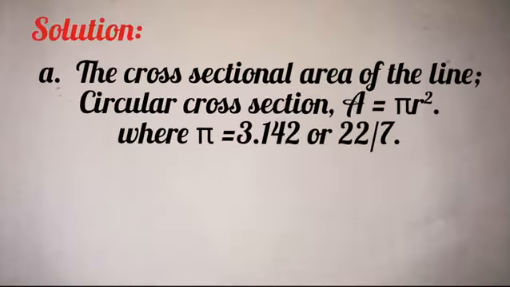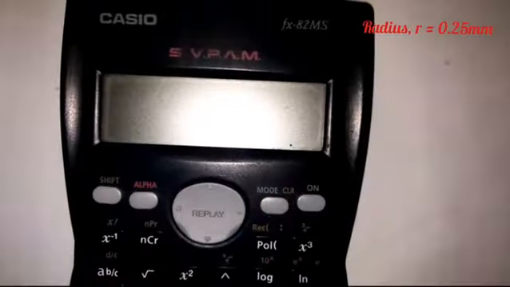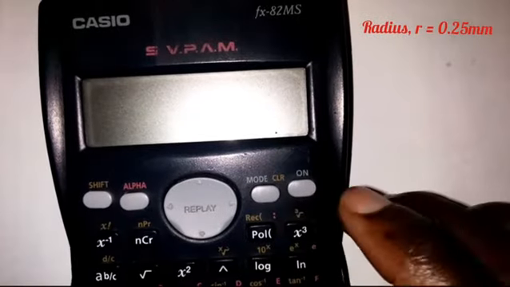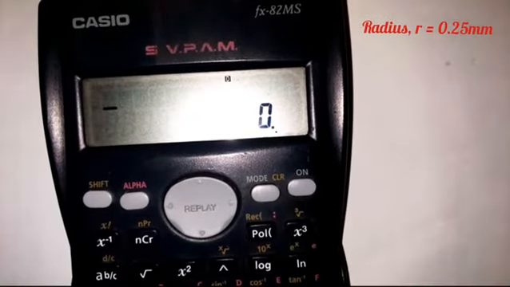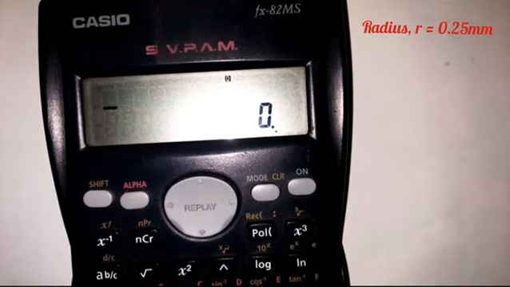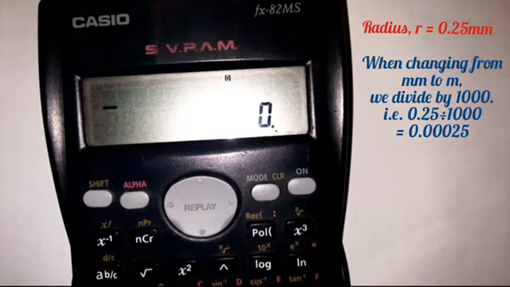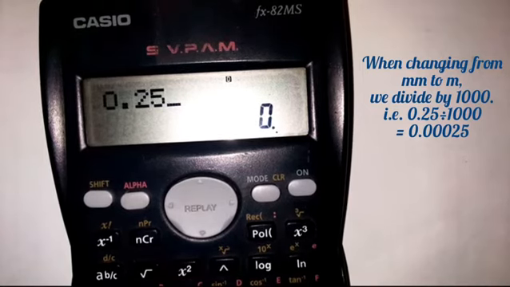To solve this, we can start with the first question, the cross-sectional area of the line. Since it's a circular cross-section, area is calculated as pi r squared. Therefore, we use pi times the radius squared, and the radius is in millimeters, so we need to change from millimeters to meters.